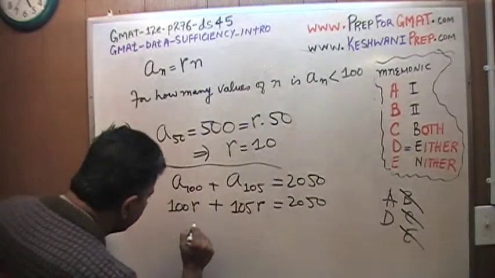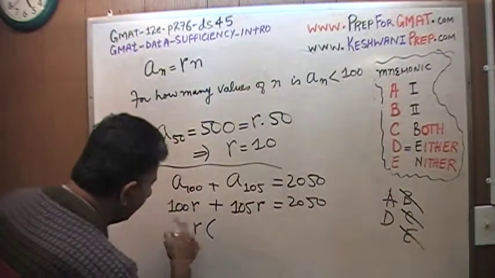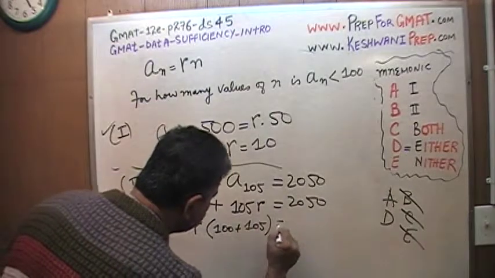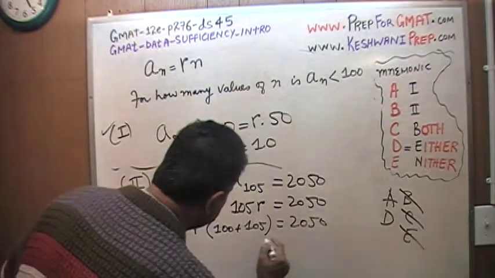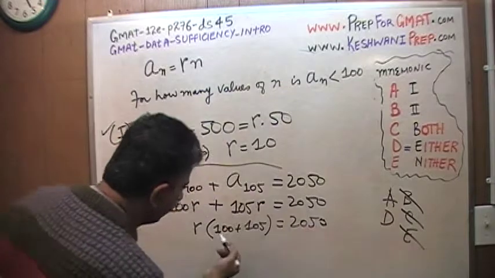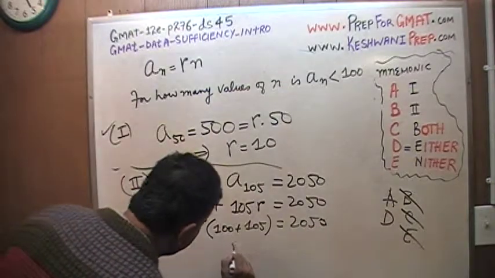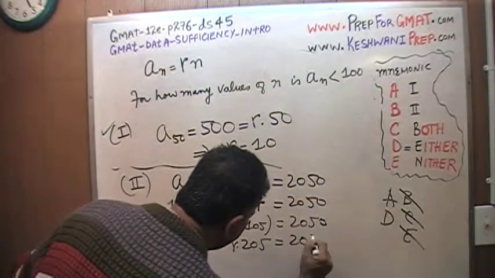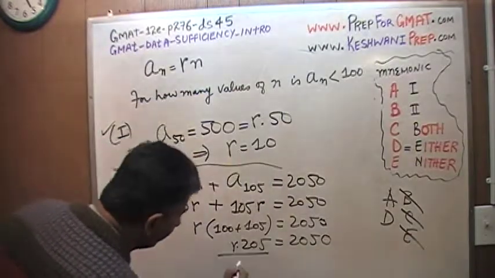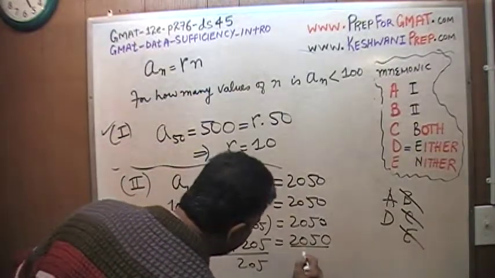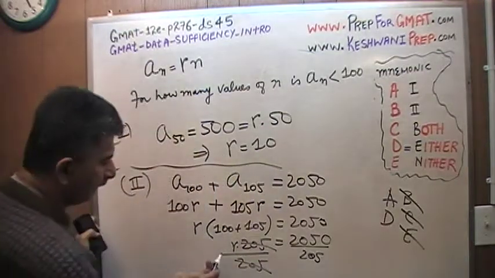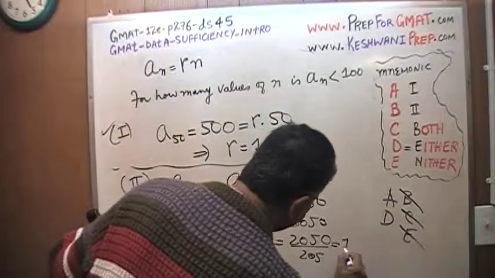Let's take out the R common. R times 100 plus 105, which is the same as 205, equals 2050. Well, if you were to divide both sides by 205, you will see R equals 10.